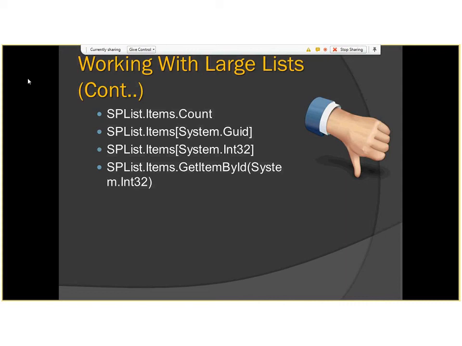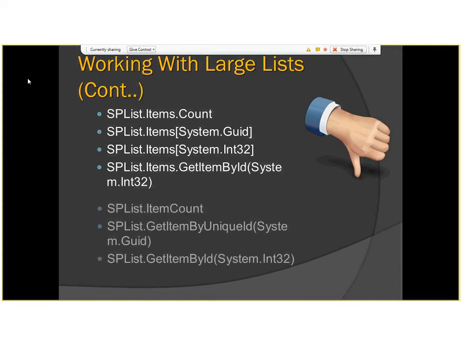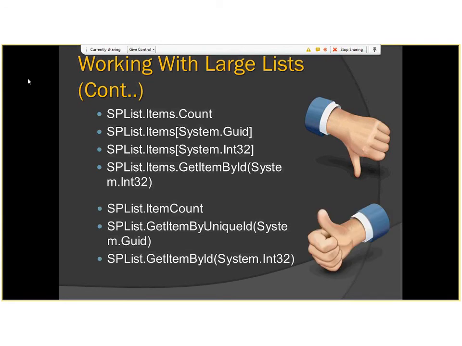So what if I want to get the item? I can use this example: if I want to get the item count, I can use the SPList.ItemCount. And if I want to get the item, I can use GetItemByUniqueId.